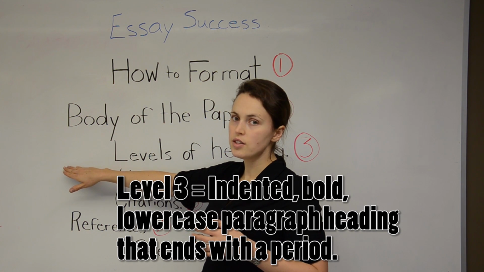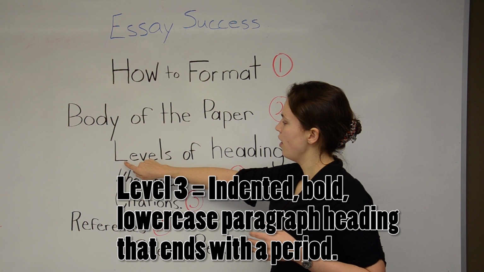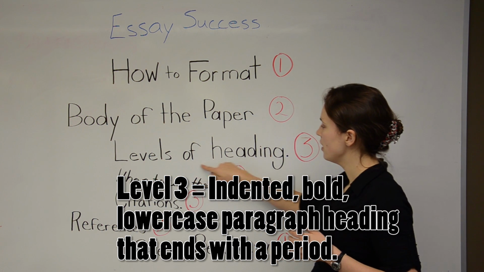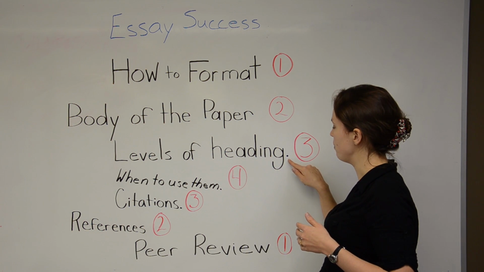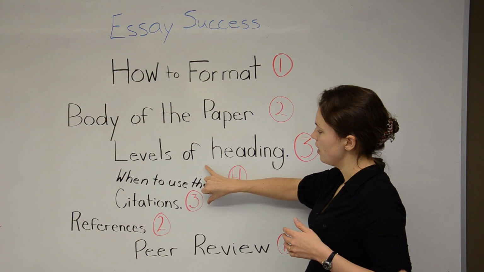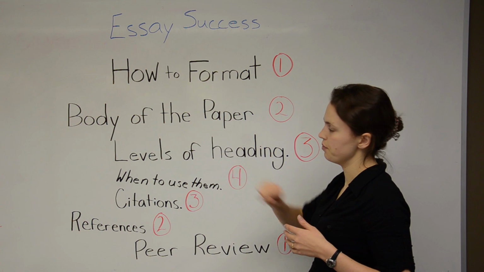This one was off to the left, and then we pressed tab. And they have uppercase letters at the beginning, but then the rest is lowercase lettering for Level 3, and you end it with a period. So this has the same format as this because they're both of equal importance in relation to this.